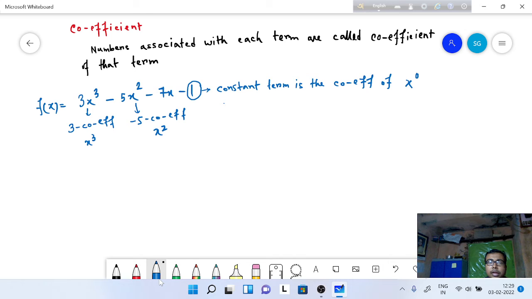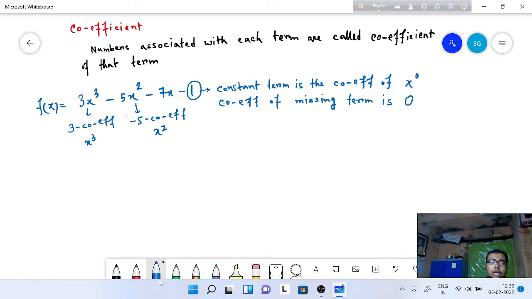And for any missing term, the coefficient of the missing term is 0. Always remember that the constant term is the coefficient of x to the power 0 or y to the power 0 or z to the power 0, and the coefficient of any missing term is 0.